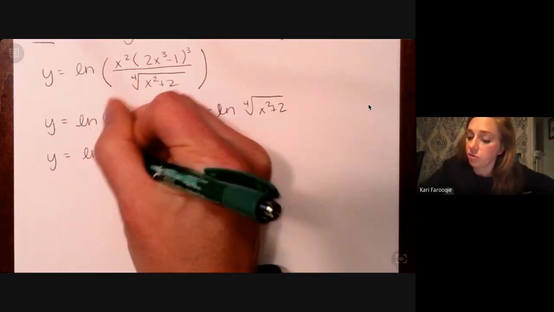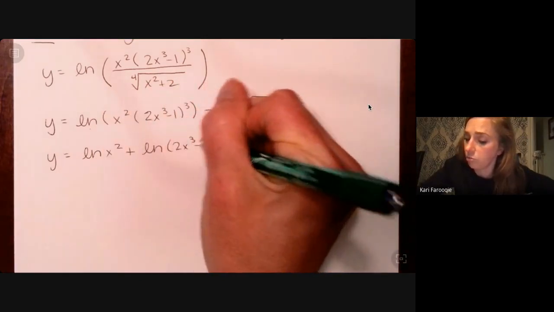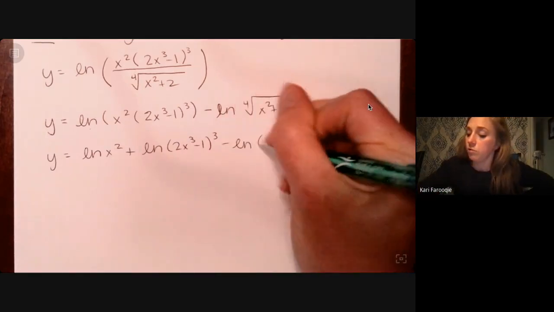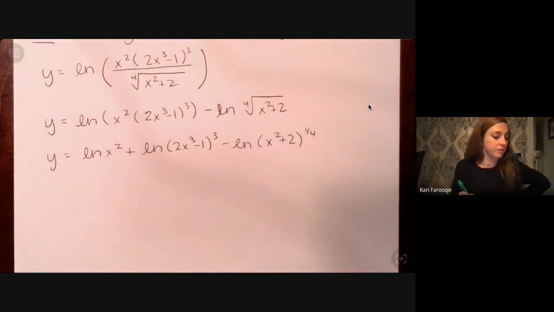So you can take the natural log of x squared plus the natural log of 2x cubed minus 1 quantity cubed. And then if you want to rewrite the last one with a 1/4 power, since it's a fourth root, you will find that that's going to make your derivative a lot easier, and you're going to be able to pull that power down.